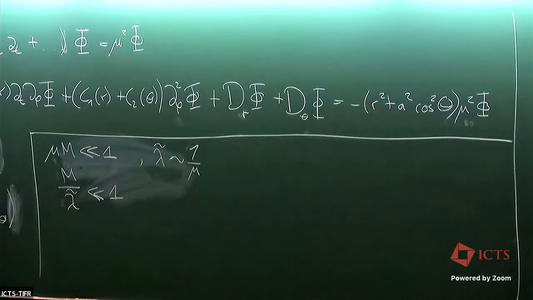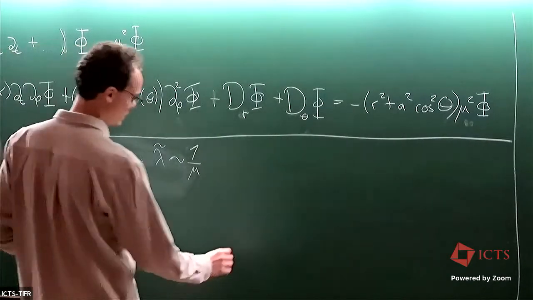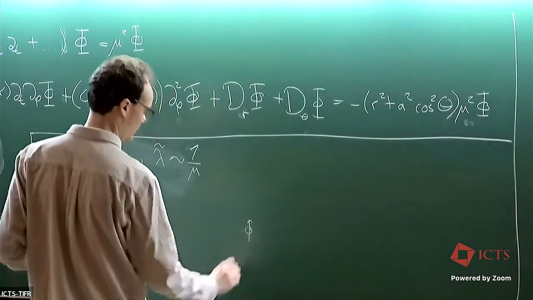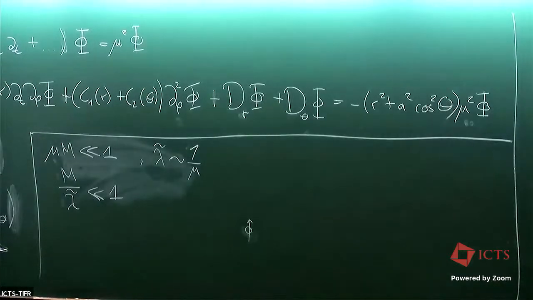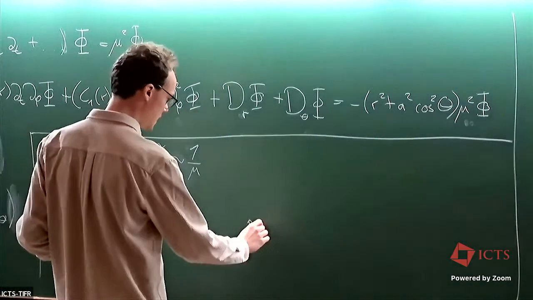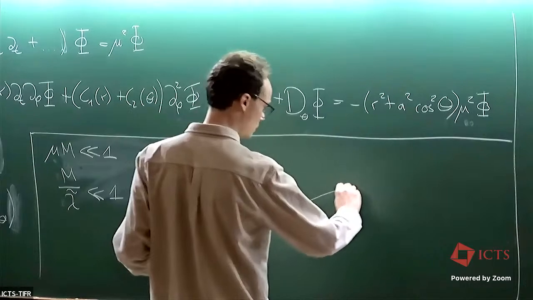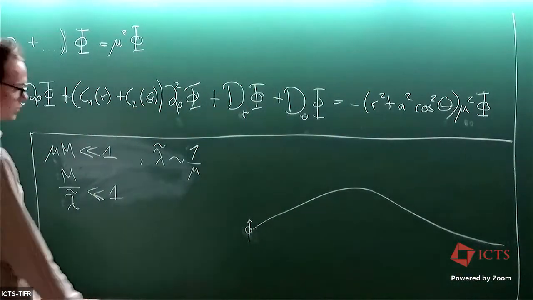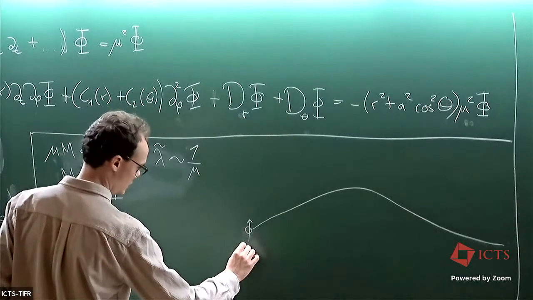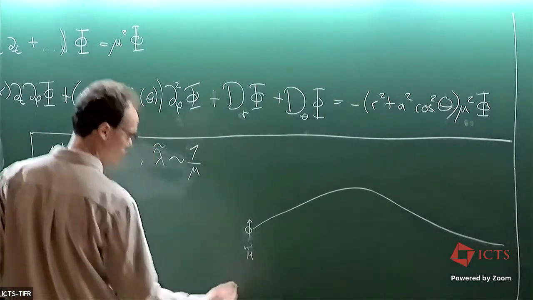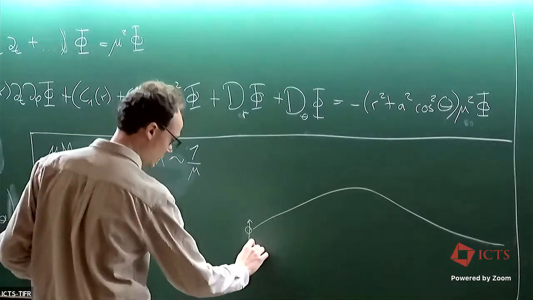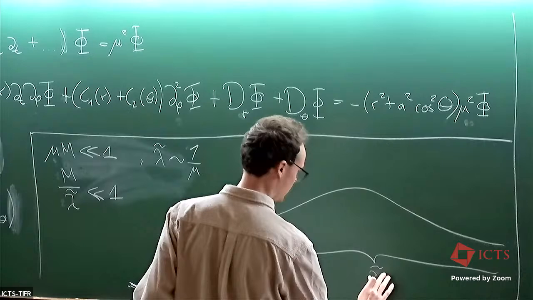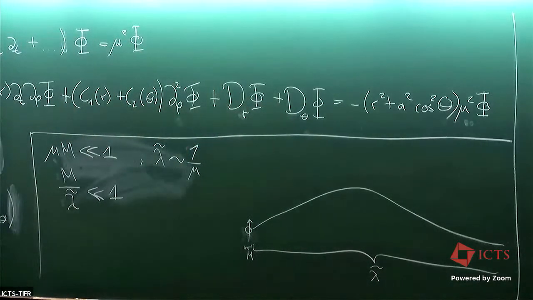Intuitively, this means that you have your black hole at the center, some spin, and then the solution that we're going to find looks something like this. The length scale associated with the black hole is basically m, whereas the length scale associated with the solution is lambda tilde, and obviously lambda tilde is much larger than m.